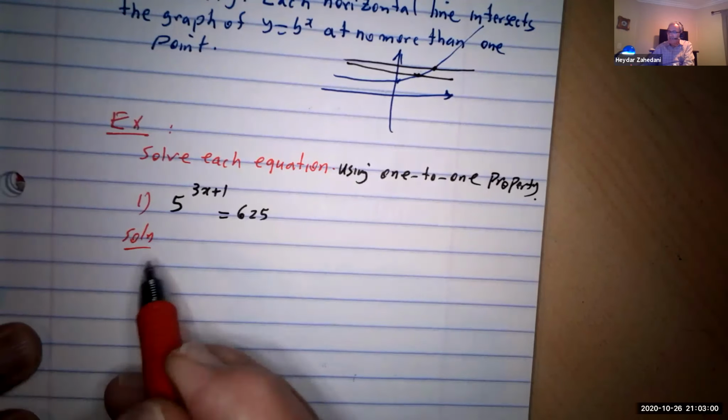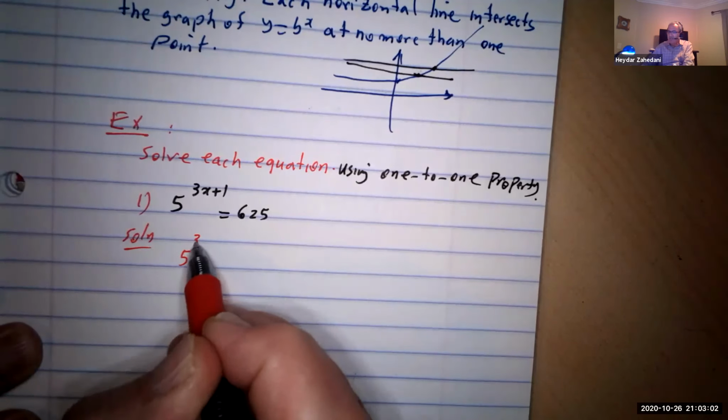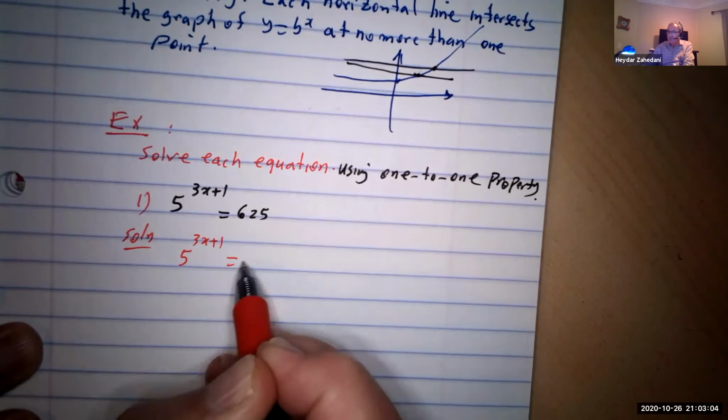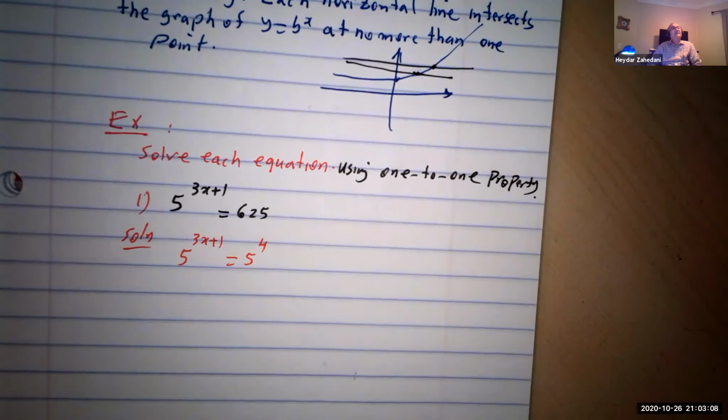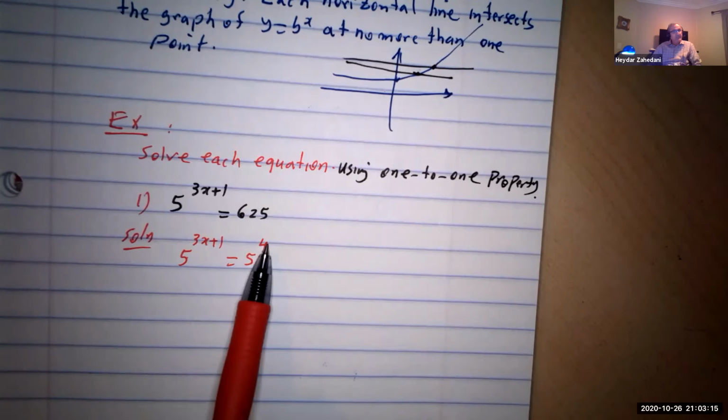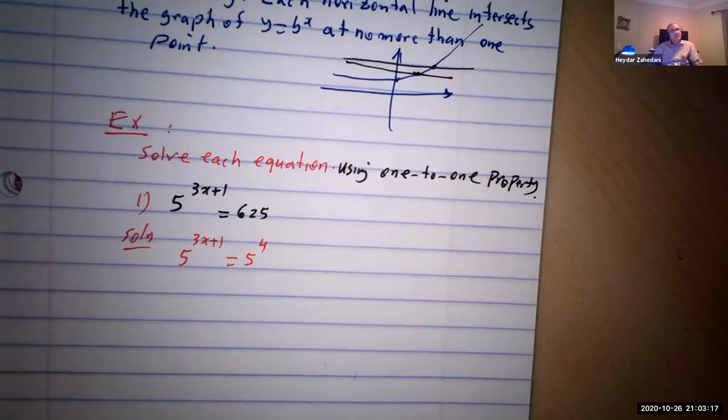Solution. 5 to the 3x plus 1 is equal to 5 to the 4th, you see? Now we can use the one-to-one property. The bases are both 5, so the exponents must be the same.